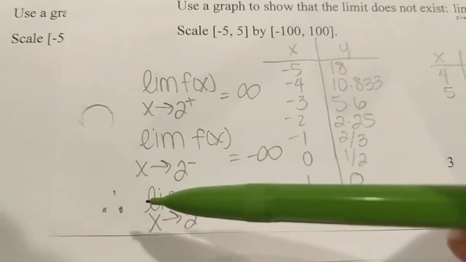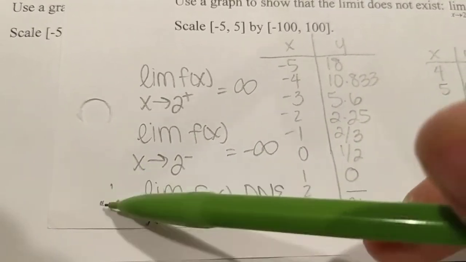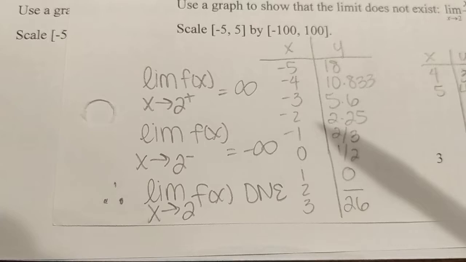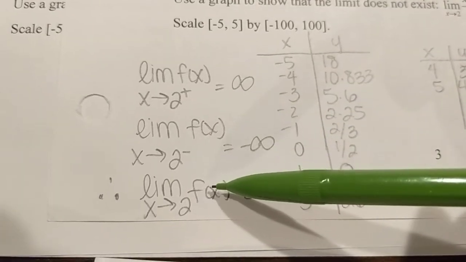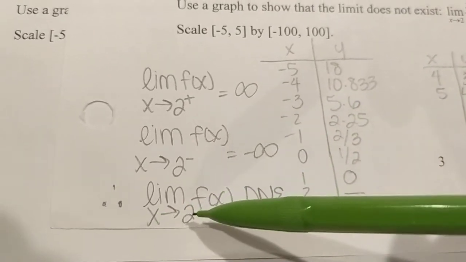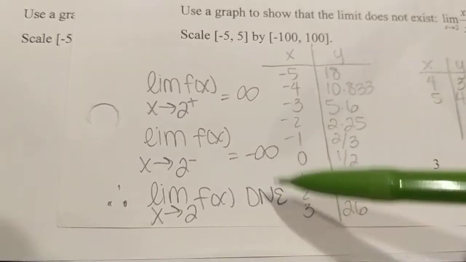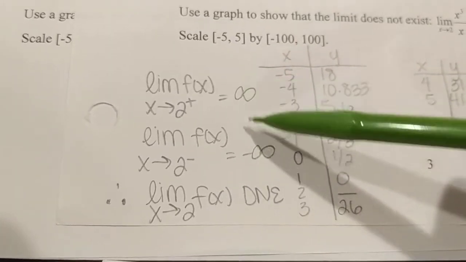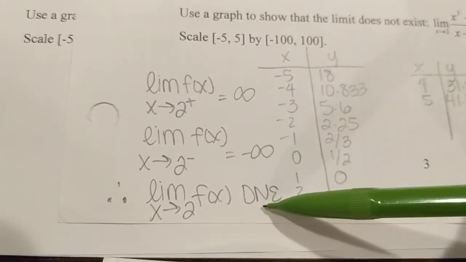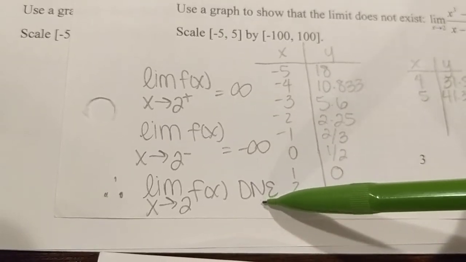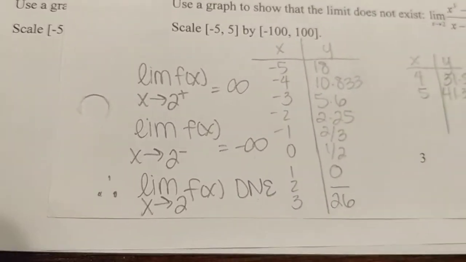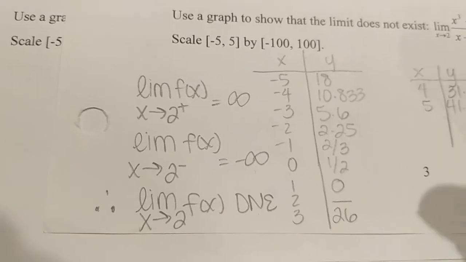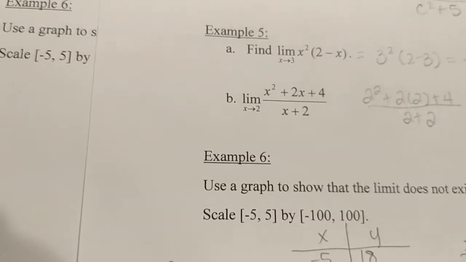So what our conclusion statement would be, and these 3 dots here mean therefore, the limit of f of x as x approaches 2 does not exist. If these two don't match, then this one cannot exist. So that happens to be the next definition on the top of the next page.